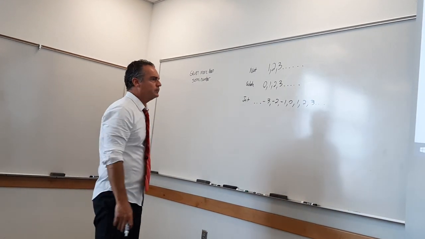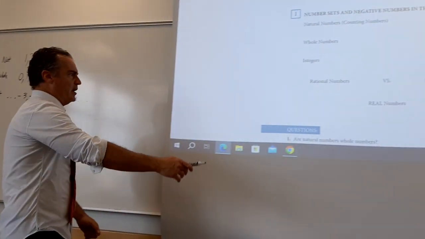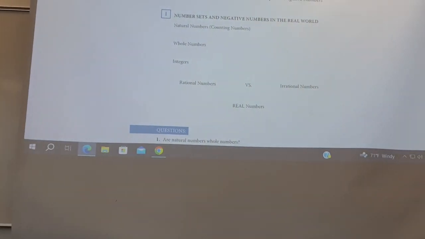The next number set is what we call rational numbers.